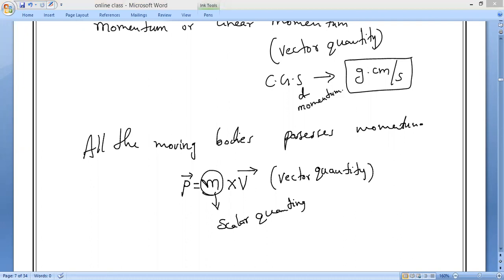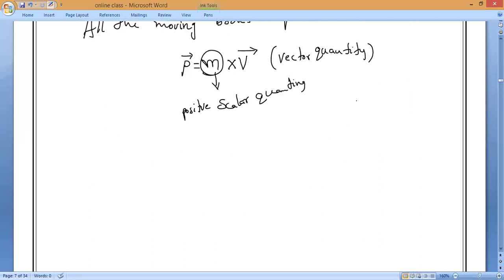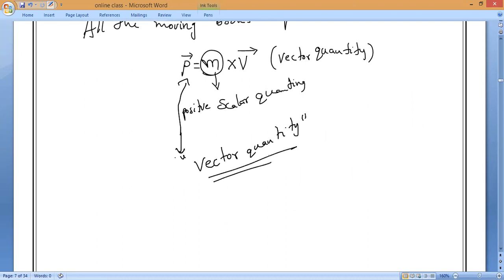Please kindly remember, mass is always a positive scalar quantity, so if we multiply a positive scalar into a vector, we get a vector. Momentum is also a vector quantity only. Is it okay, guys? Everybody, please respond. Any doubt? Ask me. Okay. Clear, guys?